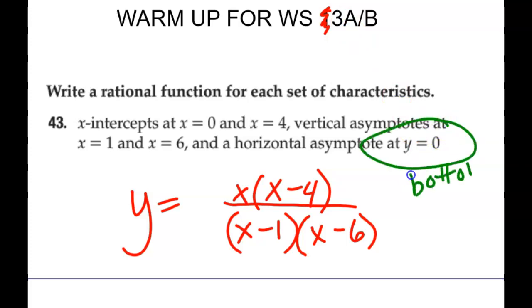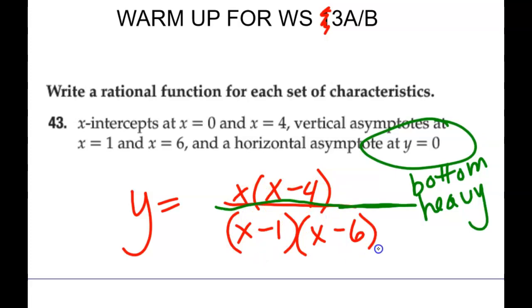So is this bottom heavy right now? What's the degree of the top? If I FOIL that together, it has an x squared, and the denominator has an x squared. So it's not bottom heavy right now, right? What could I do to make it bottom heavy? I could put something else in the denominator. Like, if I put something that's also in the numerator, then I'd have a hole, right?